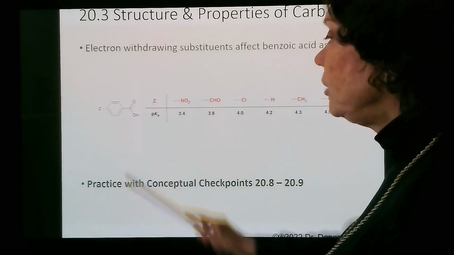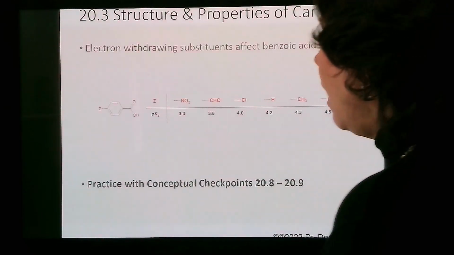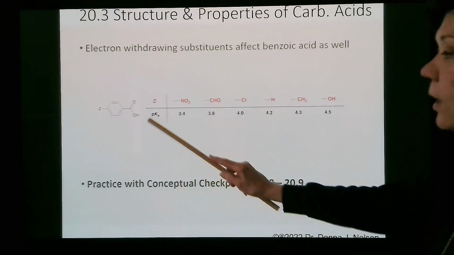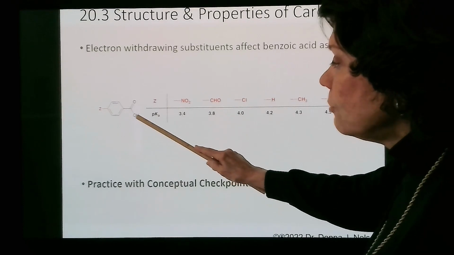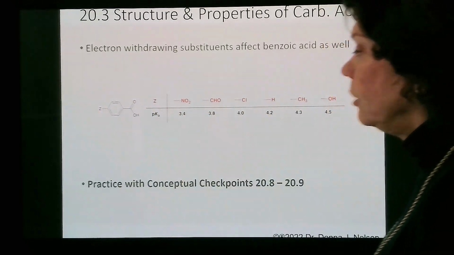Electron withdrawing substituents on the aromatic ring also affect the benzoic acid proton. So here all of these substituents are in the para position.